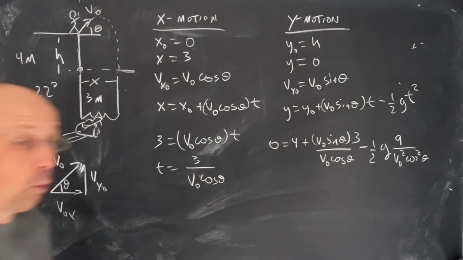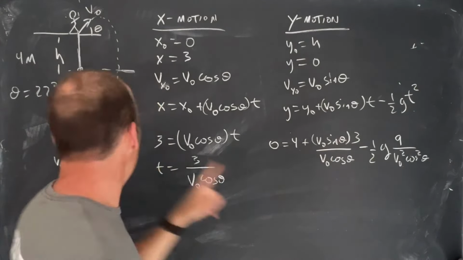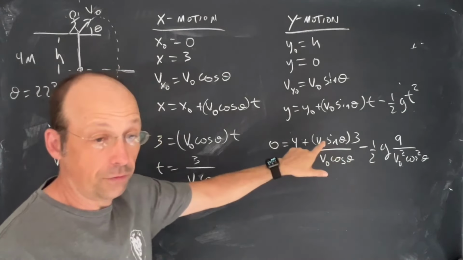So I only have one variable in this equation. I know my theta, I just didn't put it in. The only thing I don't know is v0.